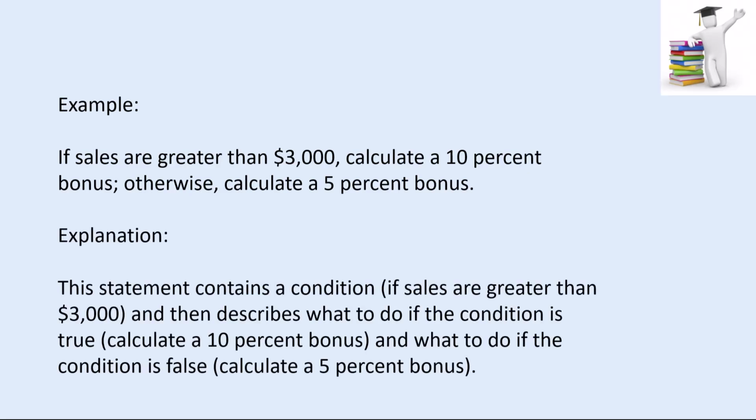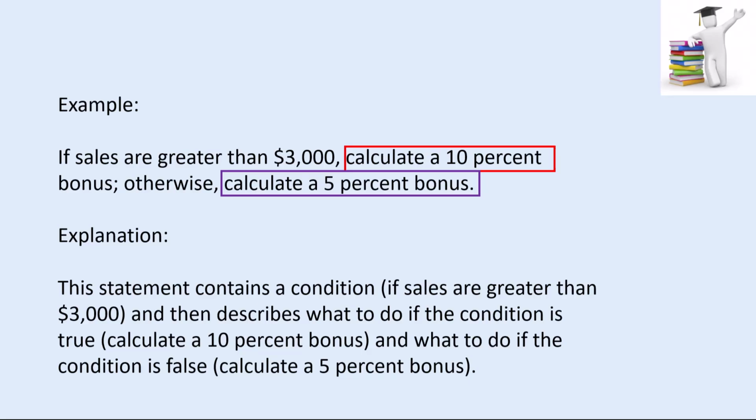The elements are, number one, the condition. The condition is if sales are greater than $3,000. Our true result is calculate a 10% bonus. And our false result is calculate a 5% bonus. So all three elements are there in this if statement.